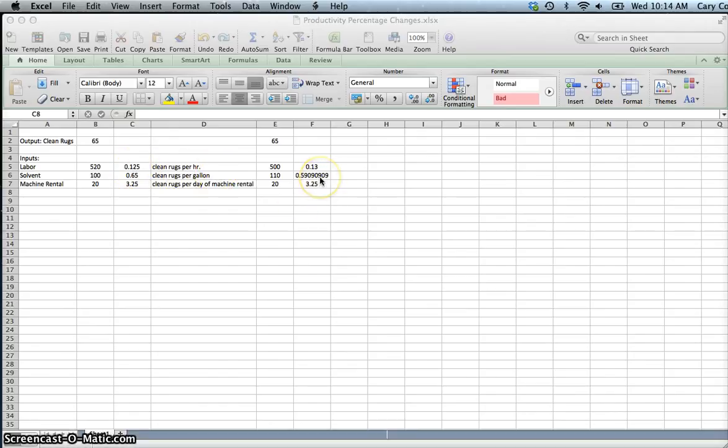We did decrease in our productivity in regards to solvent. Instead of 0.65 of a clean rug per gallon, we're now only getting 0.59 of a clean rug per gallon. And of course, this stayed the same because the output and the input, at least in regards to machine rental days, stayed the same.